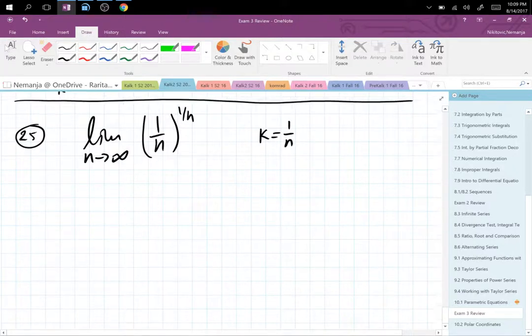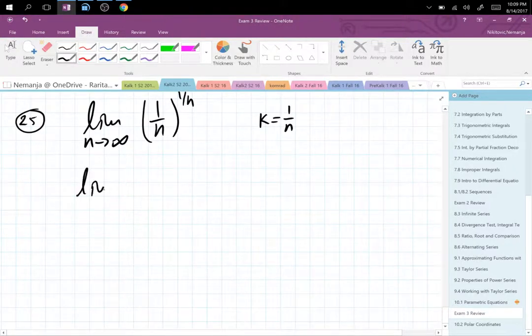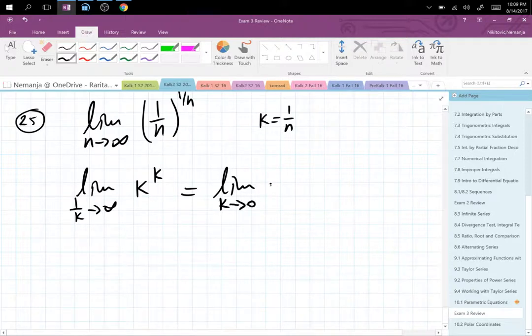So this problem now becomes the limit as 1 over k goes to infinity of k to the k, and if 1 over k goes to infinity, then k goes to 0. k to the k. Now this is a 0 to the 0 situation, which is what you solve with ln's, but now it's much simpler than dragging fractions.